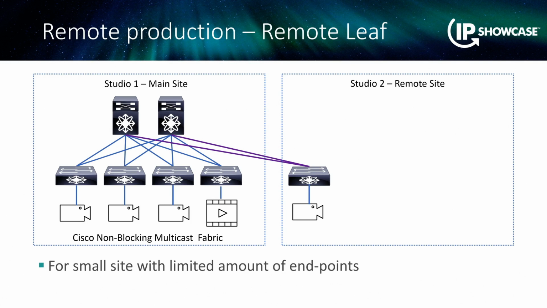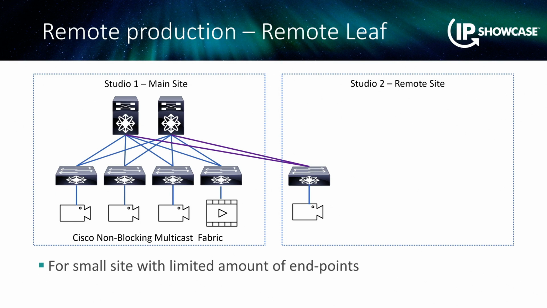If you would have some remote production, the smallest way to do this would be something like this, where you would have a remote leaf. A remote leaf is a leaf in a different location, serving specific needs of that location. Those could be miles or kilometers away, and they would be connected through dark fiber. In Cisco's implementation of spine and leaf architecture, you could still control the bandwidth over those links.